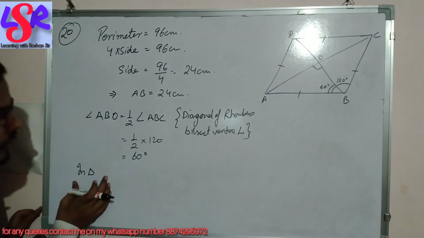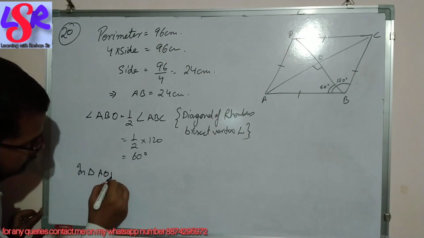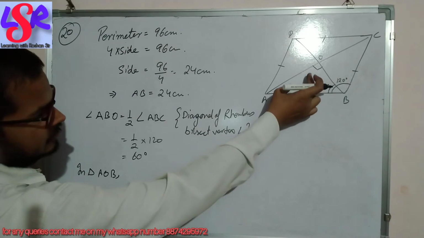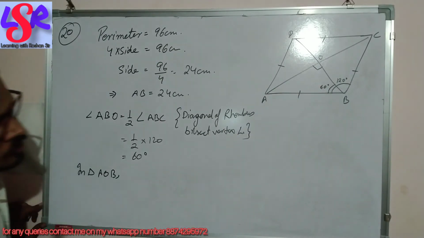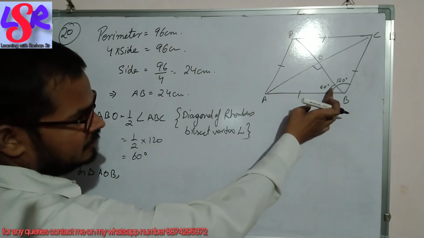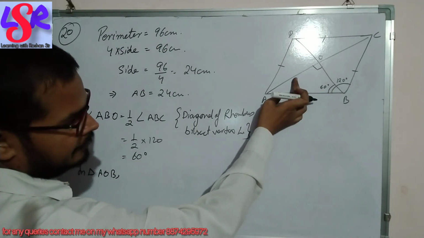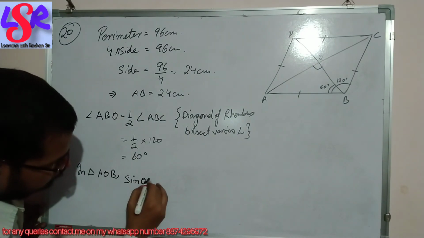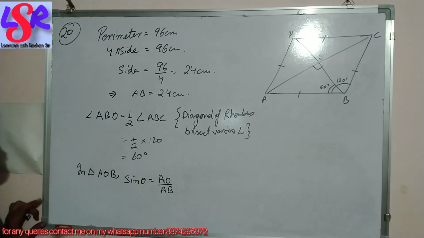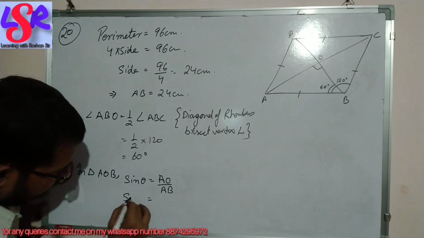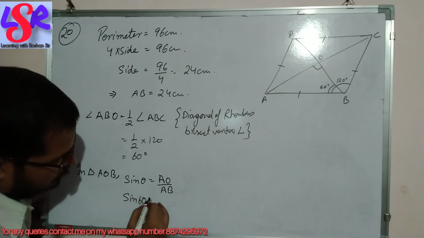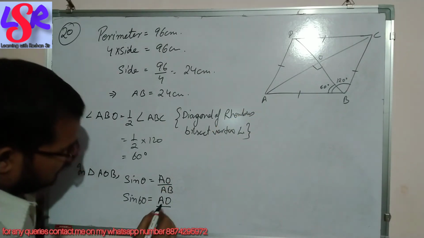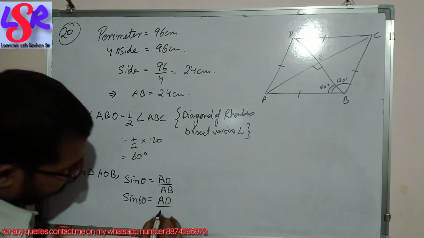In triangle AOB we are going to find this AO with the help of this AB. So we can use sin theta because इस एंगल के लिए ये साइड परपेंडिकुलर है और ये हाइपोटेन्यूज. So sin theta equals to sin 60, and this AO we have to calculate and AB we have got 24.